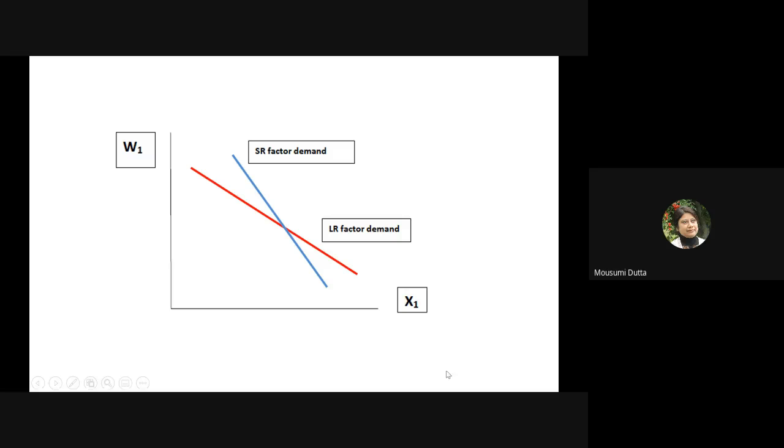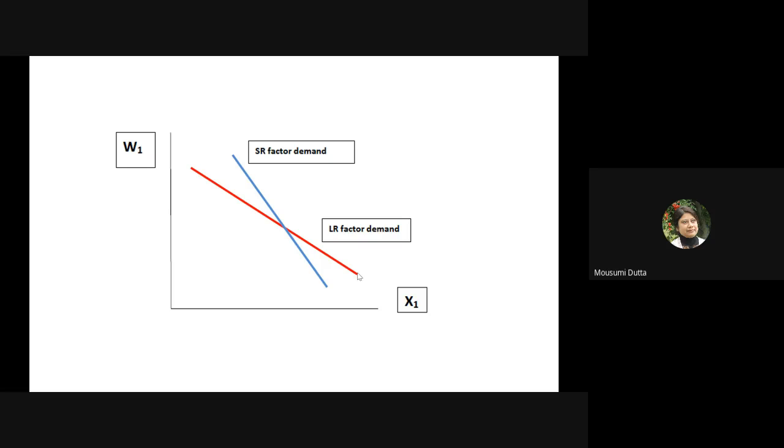However, if I consider W1 along the horizontal axis and X1 along the vertical axis, in that case the blue one should be the long run curve and the red one should be the short run curve. The same thing actually. Since we are considering the inverse functions, we are doing the reverse. That's all.